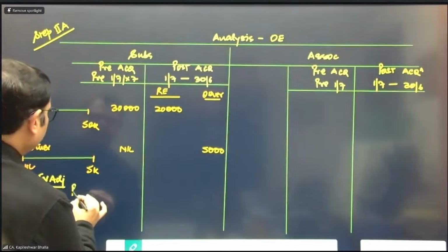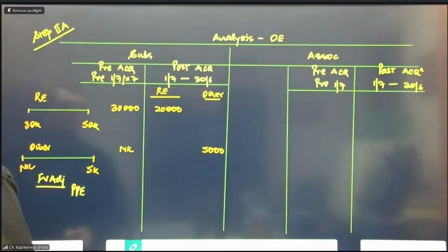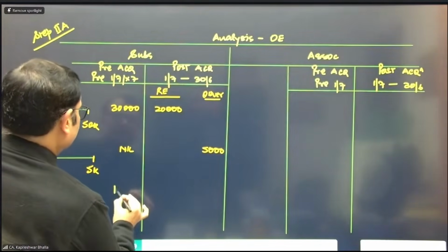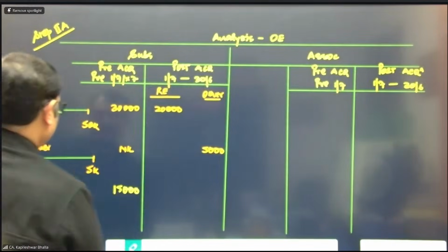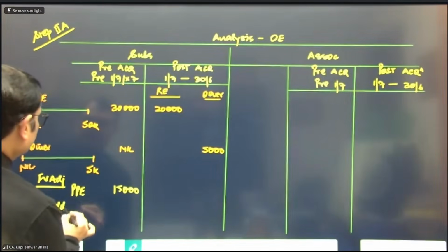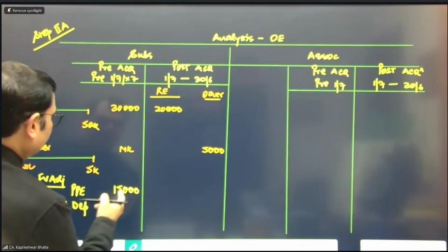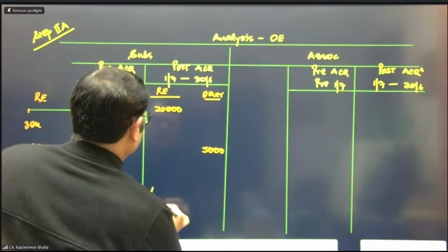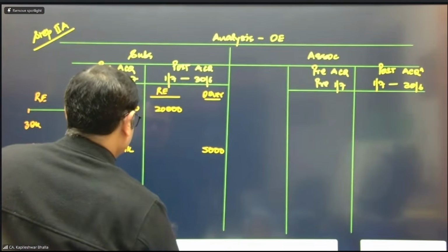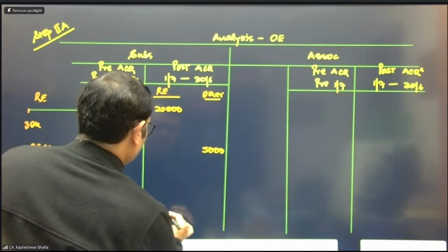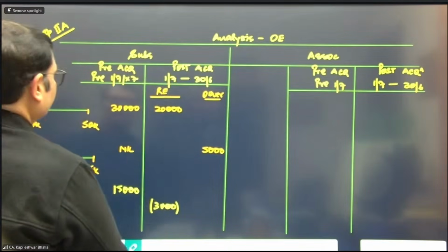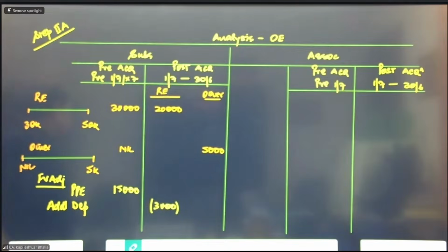PPE stands increased by 15,000, that is pre-acquisition. And we take care of the additional depreciation. 5 years is the life, so the additional depreciation is 3,000, 15,000 divided by 5.